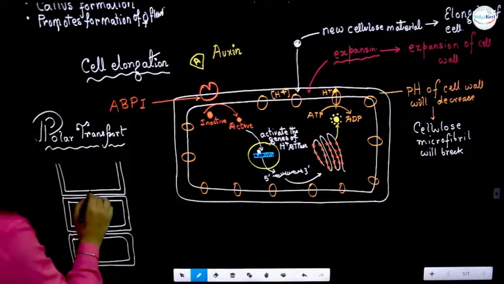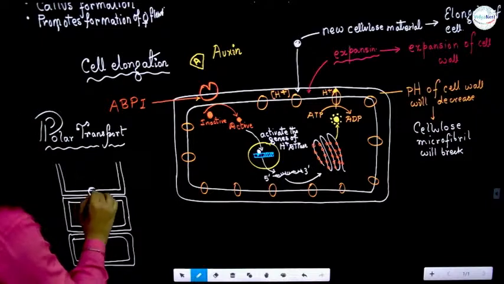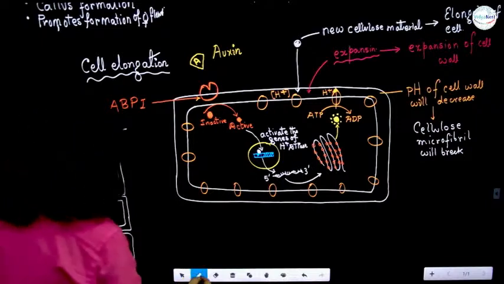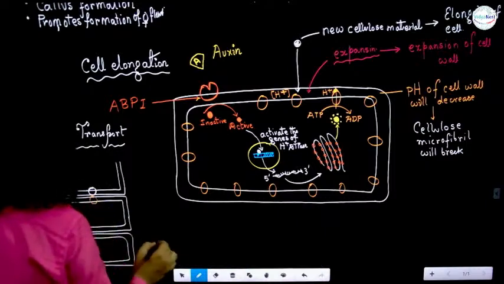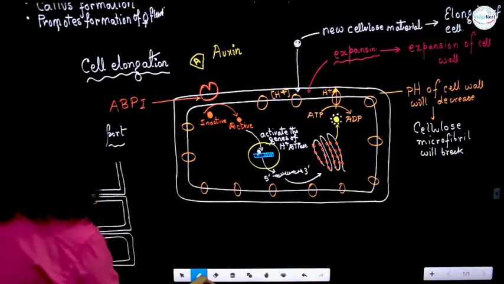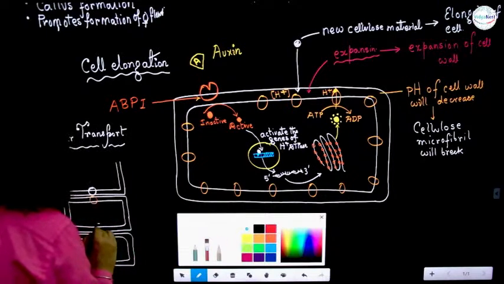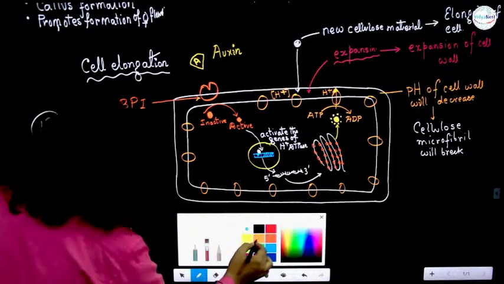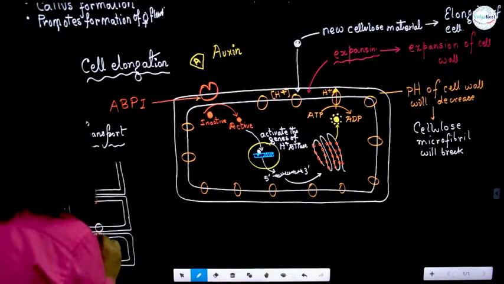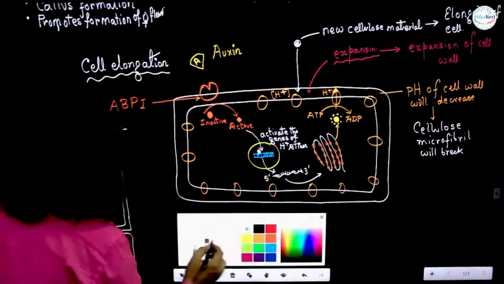So there are some transporters which are present at the base, and there are some transporters which are present at the apex. Again, there is another transporter present over here, and then again another transporter. In this way, the transporters are present.